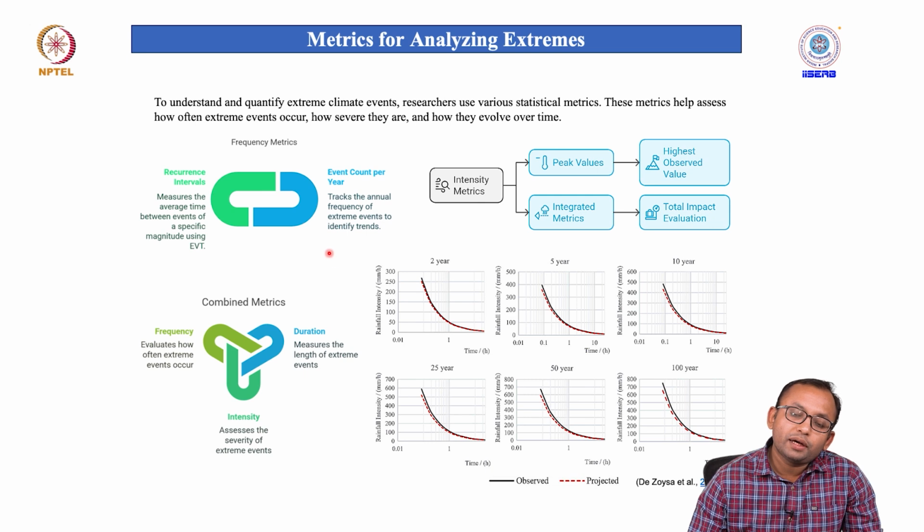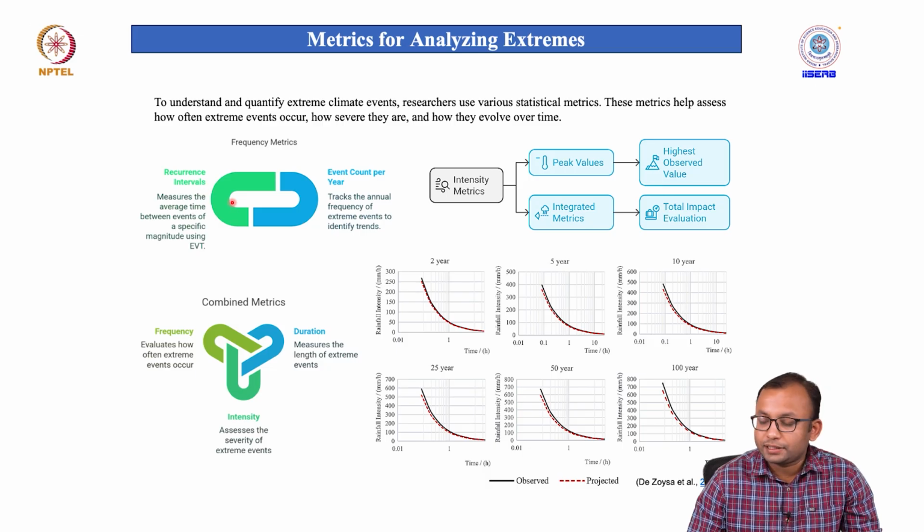Then we also discussed the important parameters for analyzing extreme events. For example, we have to know the recurrence interval and events count per year, and the combined metrics: we have to look at frequency, intensity and duration.